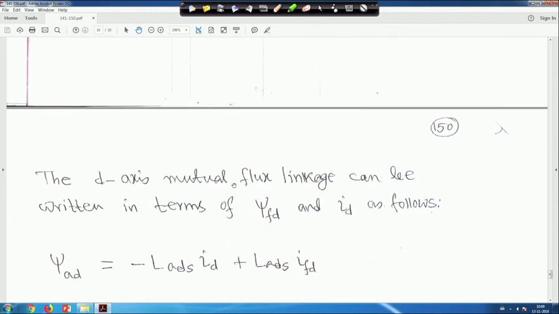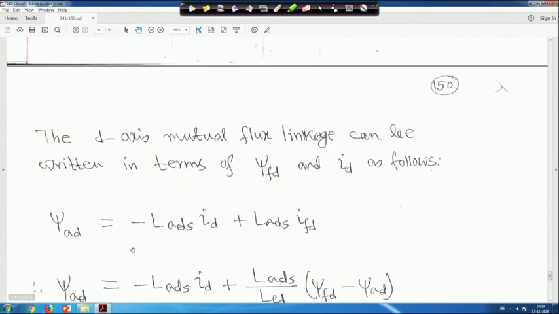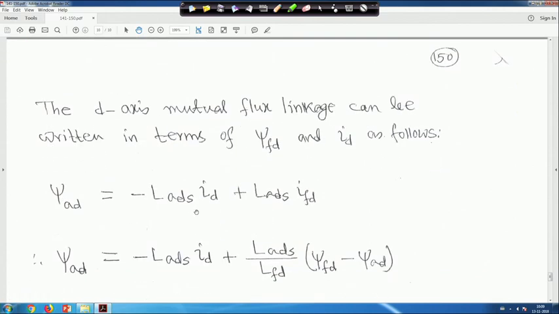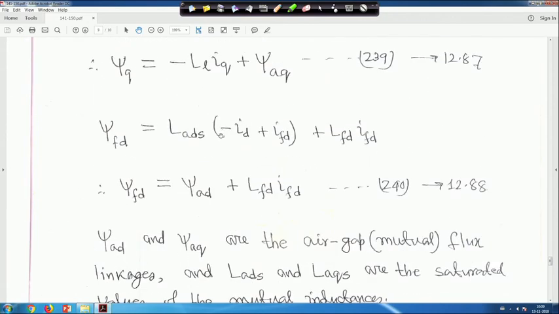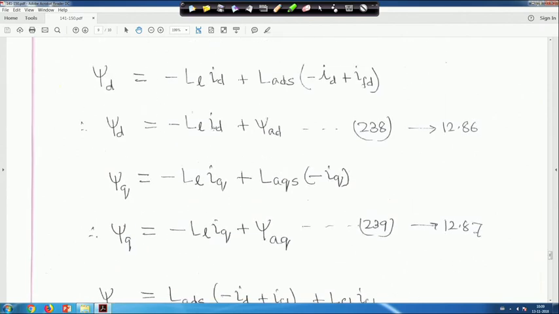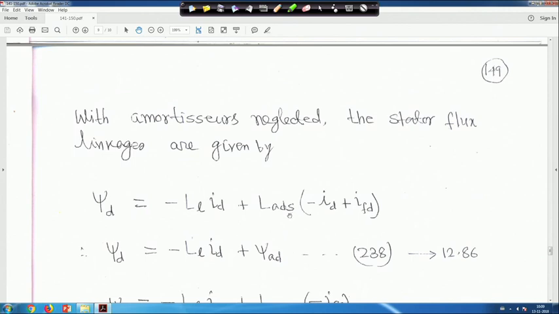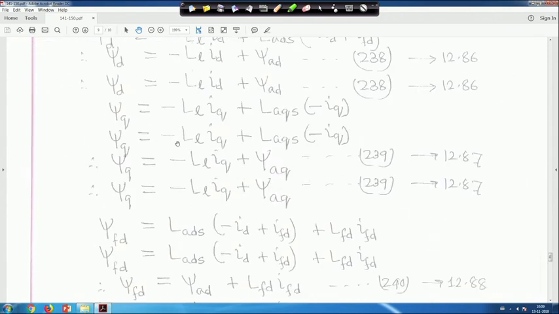Now the d axis mutual flux linkage can be written in terms of ID and IFD. Therefore psi AD can be written as minus LADS ID plus LADS IFD. This is your psi AD: psi AD is equal to minus LADS ID plus LADS IFD, right.